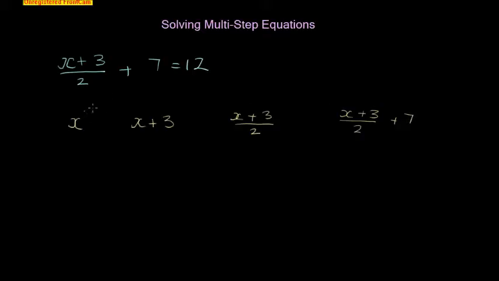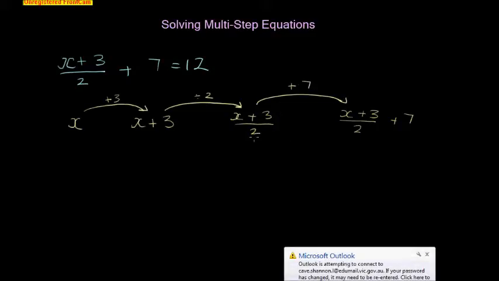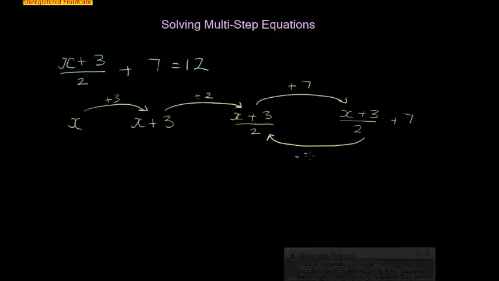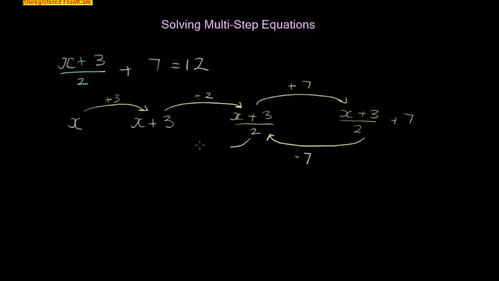Okay, so to get from here to here, we added 3. To get from here to here, we divided by 2. And then to get from here to this step, we added 7. So to go in the reverse order, the opposite of adding 7 is taking away 7. Then from here to here, the opposite of dividing by 2 is multiplying by 2.